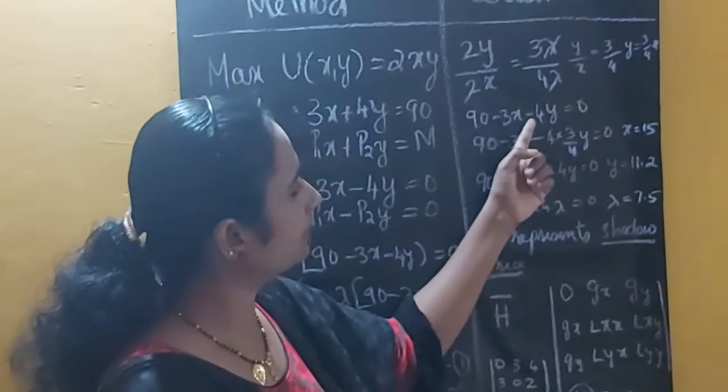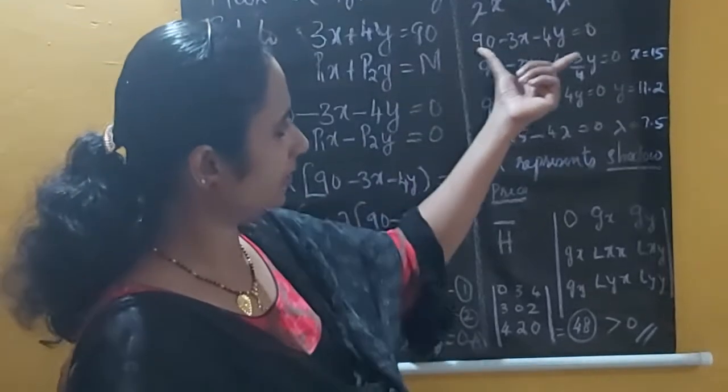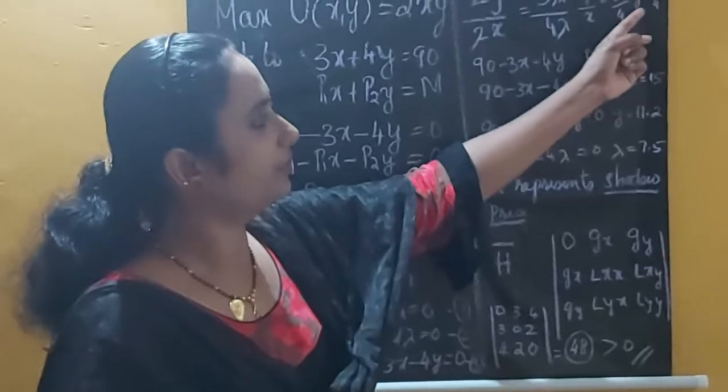90 minus 3x minus 4y equal to 0 is an equation. So in that equation we can substitute the value of y.